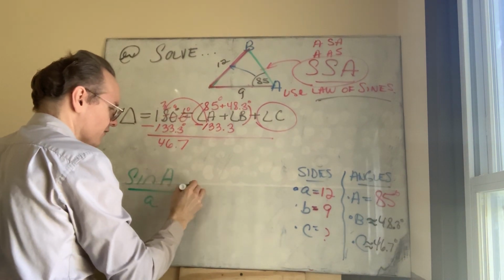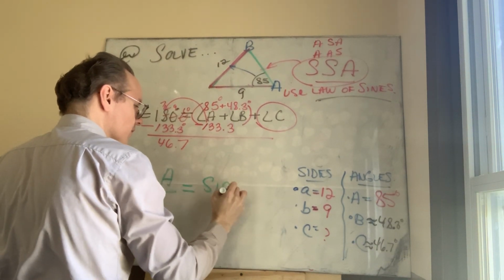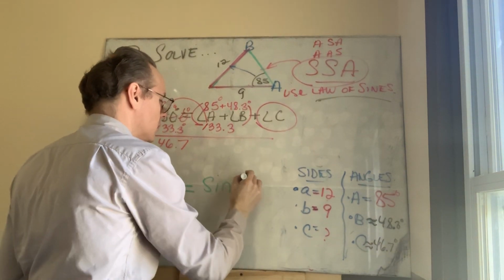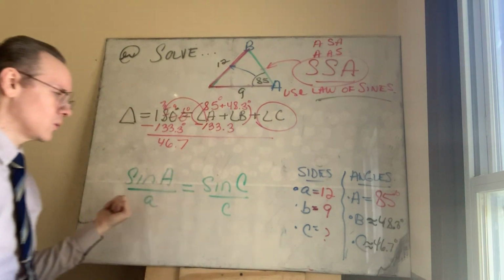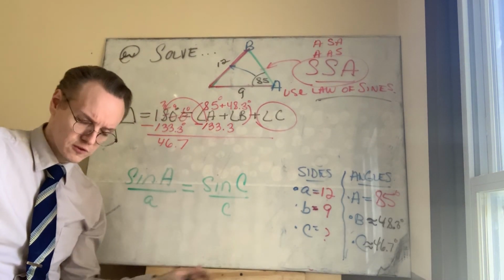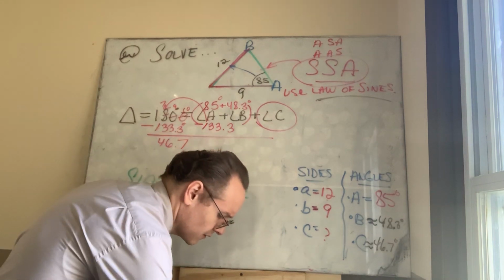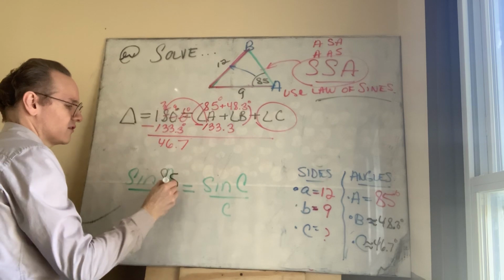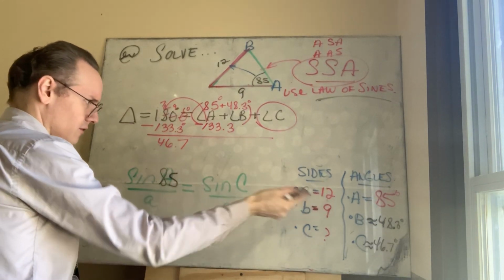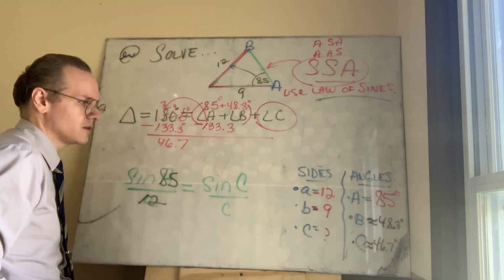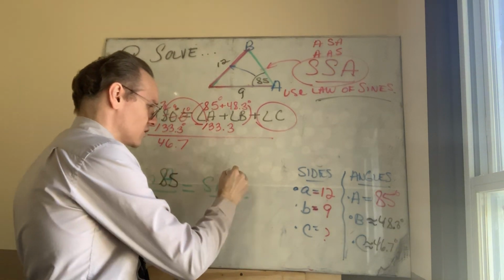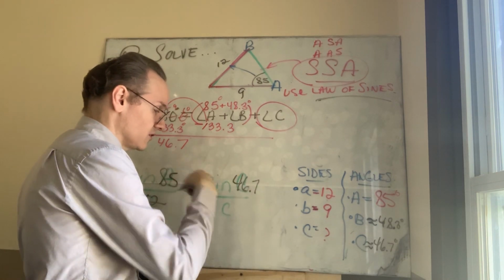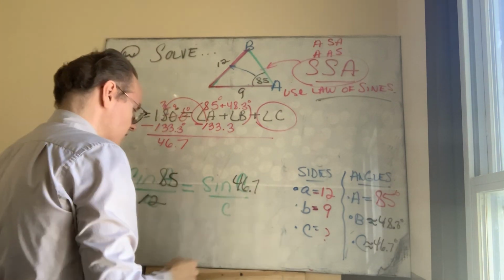If I could afford not having to use a rounded number, I would. And I'm going to go with basically this incarnation of the law of sines, and fill in a little that I do know. A was given as 85, and the A dimension, that is the side dimension, is 12. C we just calculated as 46.7, rounded. I'm stuck with it, at least if I'm using the law of sines. And now I'm looking for C.